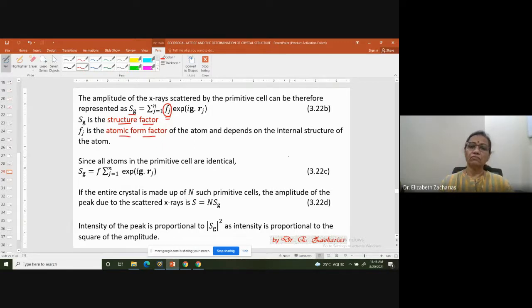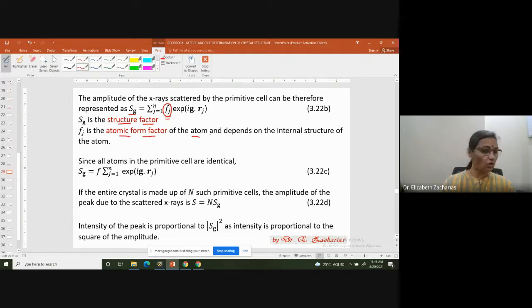Okay, now we started by saying that our primitive cell is going to have n identical atoms. Since Fj is attributed to the property of the atom, this Fj will be the same for each of the n atoms.